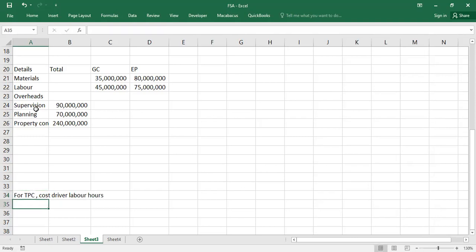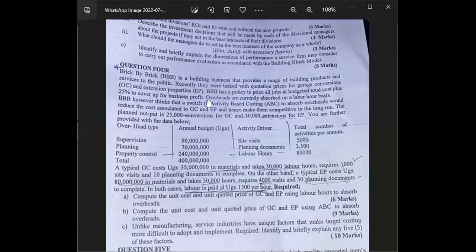I can share with you that part of the question so that you don't say, where is that coming from? Here they say that overheads are currently absorbed on a labor hour basis. If that's not enough, part A still says that you compute using labor hours to absorb overheads. So labor hours were that.